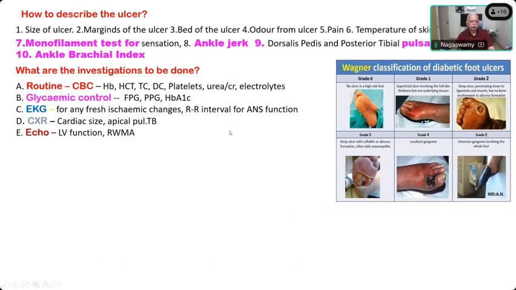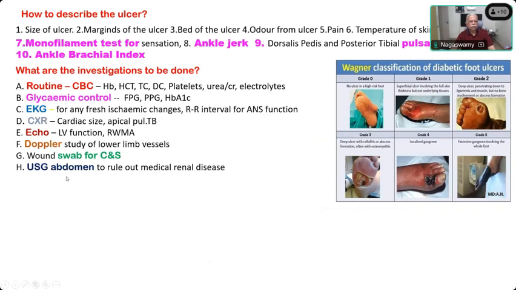Echo for LV function and regional wall motion abnormality. Doppler study of the lower limb vessels to see the blood flow. Wound swab for culture and sensitivity to decide on the antibiotics to be given. USG abdomen to rule out any renal disease, especially if they are chronic diabetic. They may also have diabetic nephropathy, which can be detected by doing the USG abdomen.